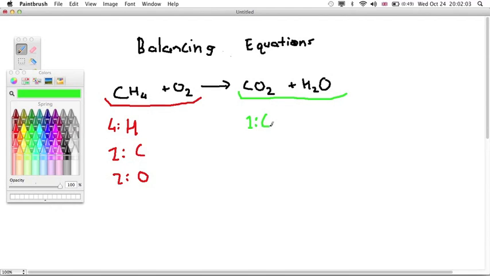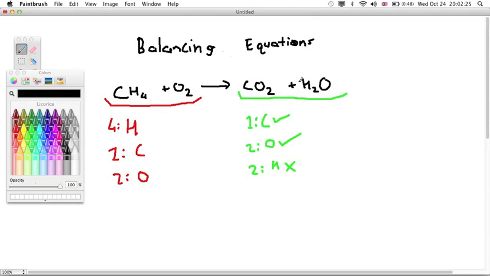In contrast, this side has one carbon, so that we're all right with, right? This is good. We have two oxygens, that's also good. But we have only two hydrogens, which is not good.